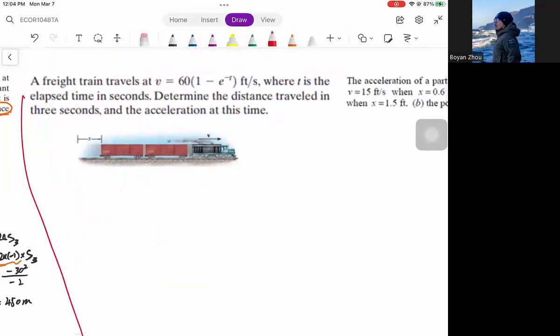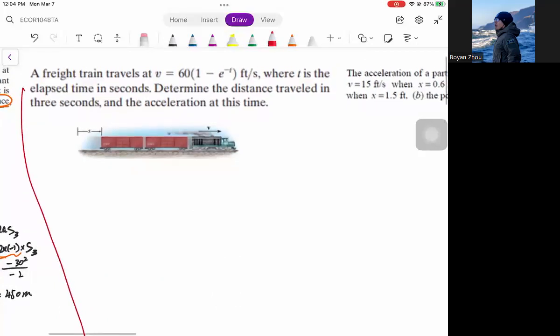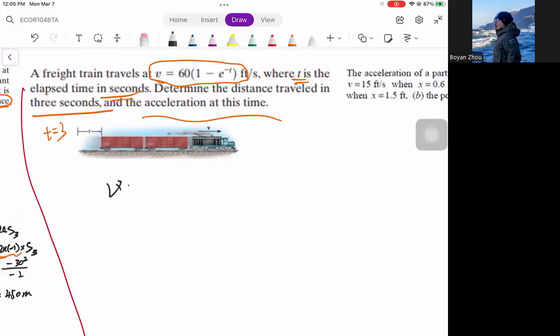Okay, so now let's go to the second question. So we have a train again, it's moving at this speed. And also we know t is in seconds. We are going to determine the distance traveled in 3 seconds, t equal to 3, and the acceleration at this time. So just write down what we know.